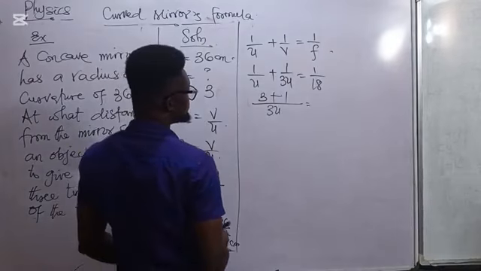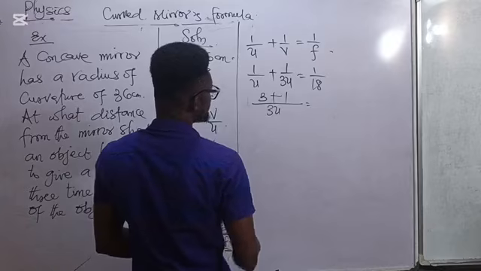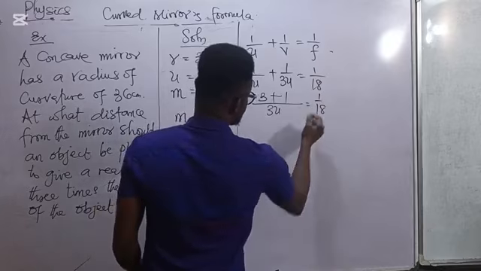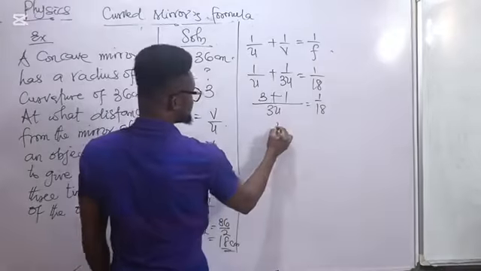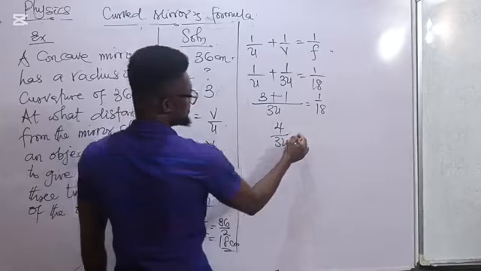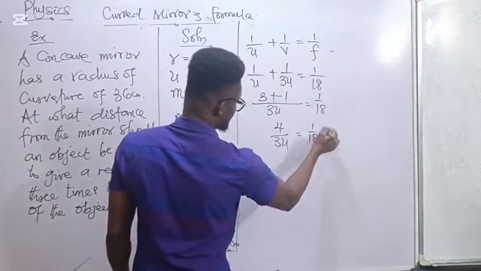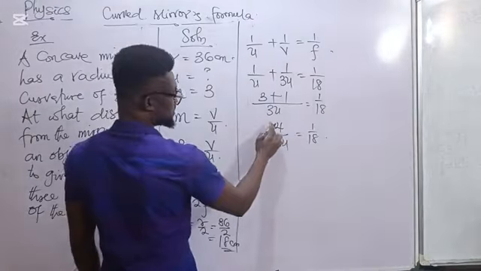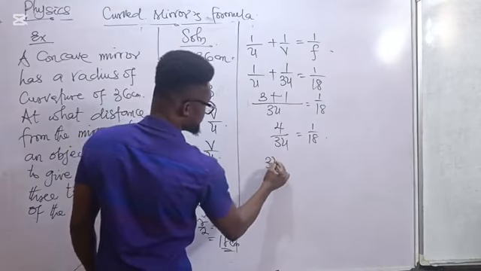Are we there? So 1 over 18. So 3 plus 1 is giving us 4, all over 3U, right? Then equals 1 over 18. So here we cross multiply. 1 times 3U gives 3U.